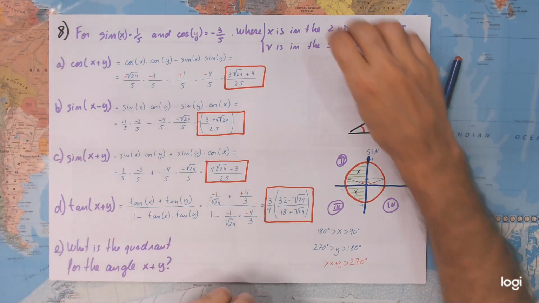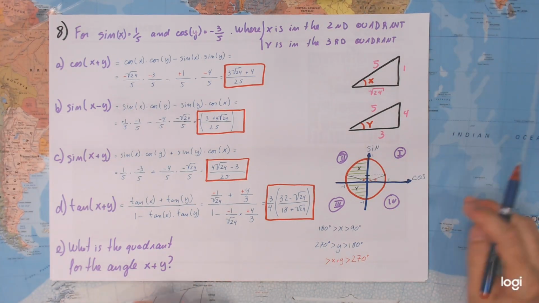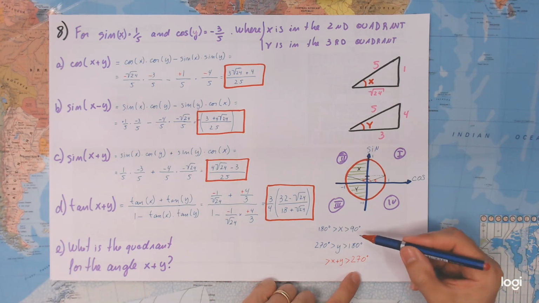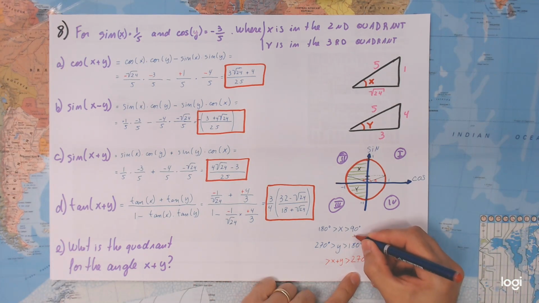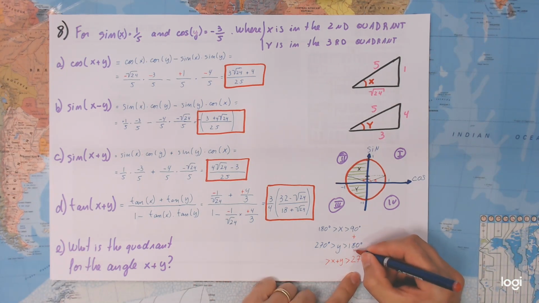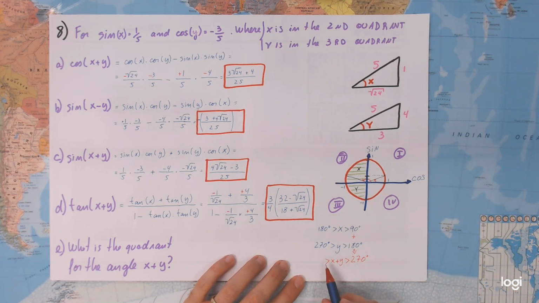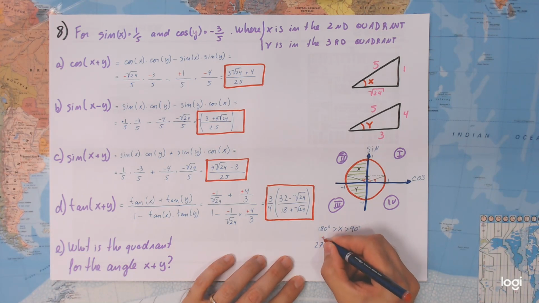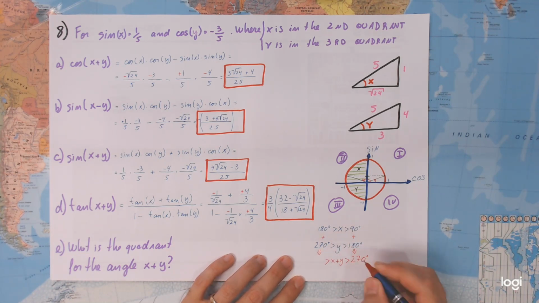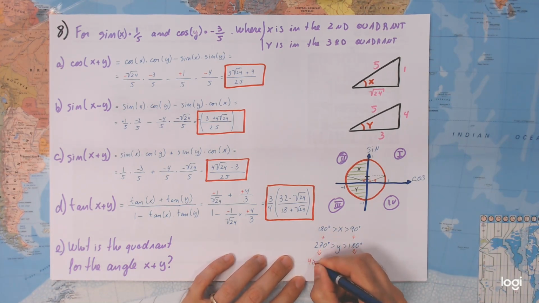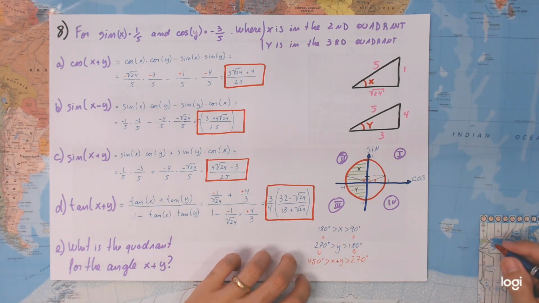And now I'm just going to say it, okay? 270, it is adding those two in here, okay? And again, if we just add those two, we just have 450 degrees.